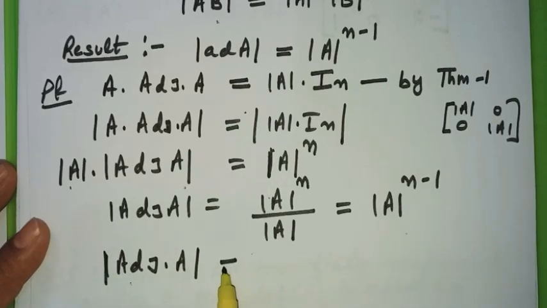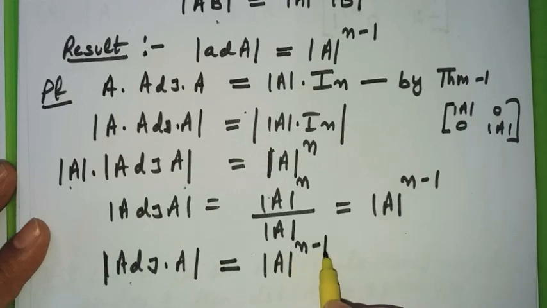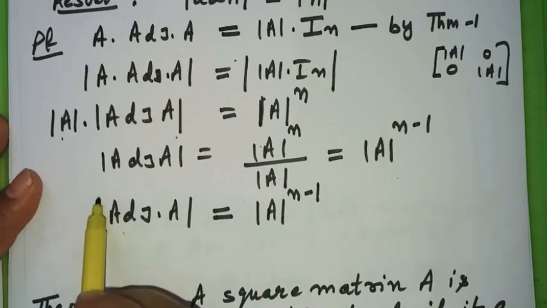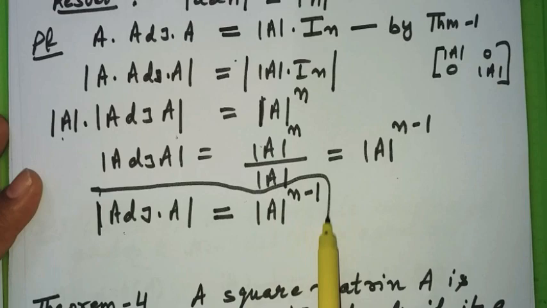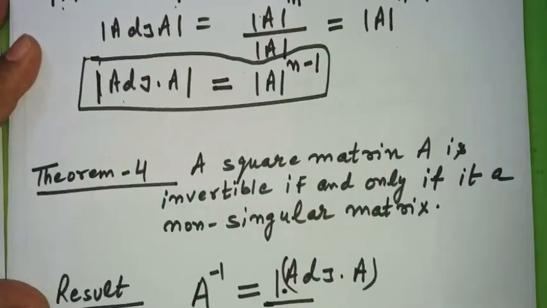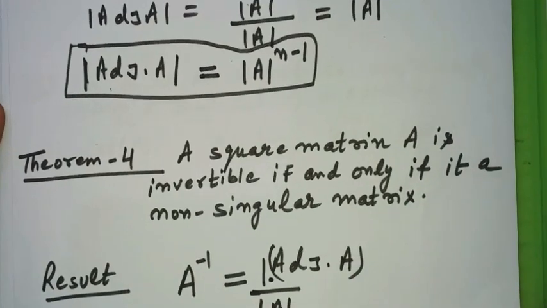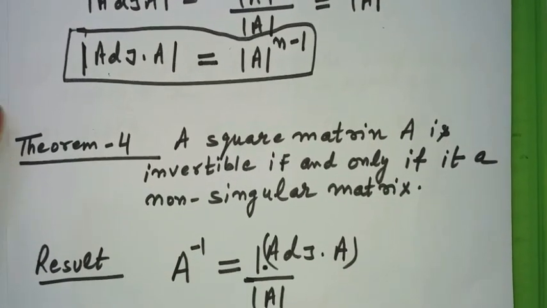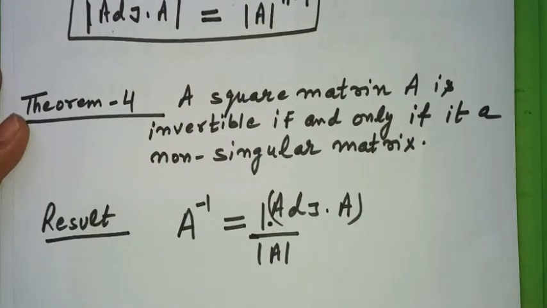So determinant of adjoint A is equal to determinant of A raised to the power n minus 1. Students, this is going to be a very important result. Please do memorize this result. For any doubts and any queries, you can write in the description box. I am going to clarify your doubts also.